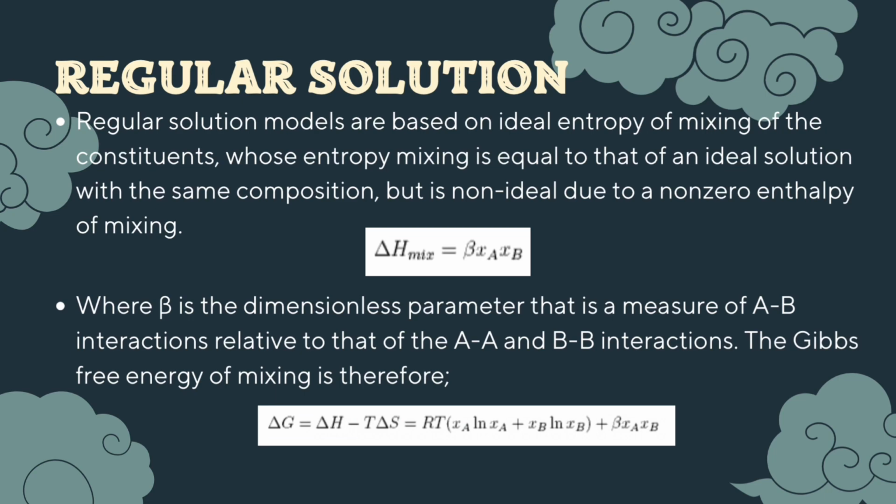So the formula we got is delta H mix equal to beta XA XB, where beta is the dimensionless parameter that is a measure of the A-B interactions relative to that of the AA and BB interactions. The Gibbs energy of mixing is therefore delta G equal to delta H minus T delta S equal to RT times XA ln XA plus XB ln XB plus beta XA XB.